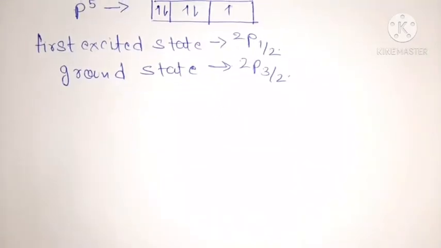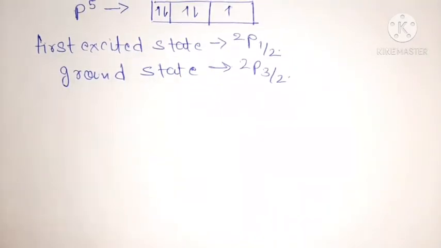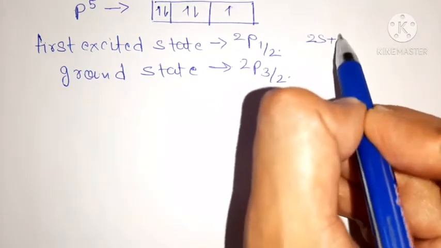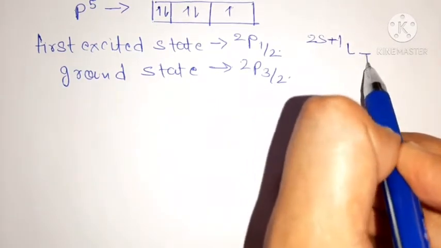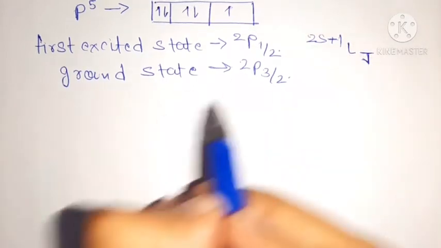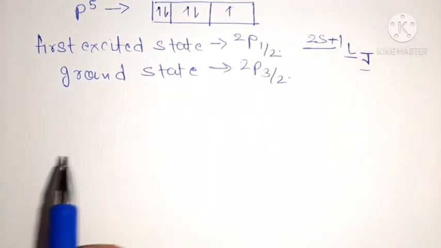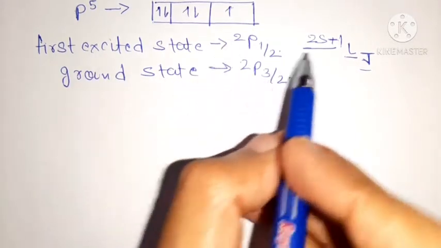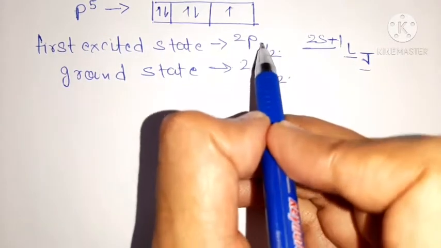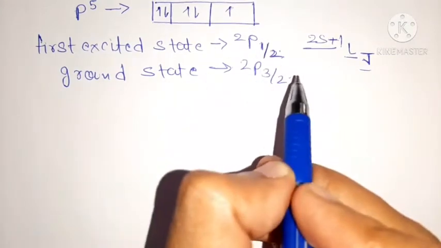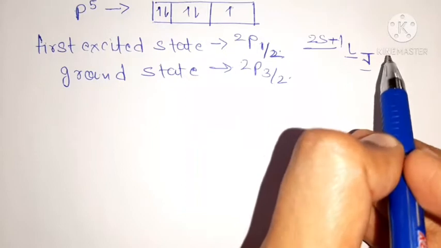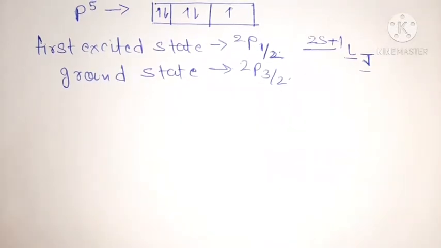Now these are the term symbols for the first excited state and ground state, and this is the expression of the term symbol, 2S+1 L_J. So in these term symbols the 2 is the 2S+1 value, and this is the J value. The J value for the first excited state is 1/2, and the J value for the ground state is 3/2.